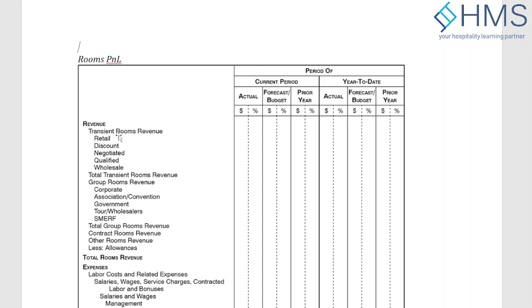So the purpose of this segmentation is to analyze the hotel room revenue in deeper detail, and to understand where the guests are coming from and what type of guests they are. If they are mostly retail, it means they may be more on leisure, and they may not be booking via travel agents or anything else, but they are happy to pay the highest price.